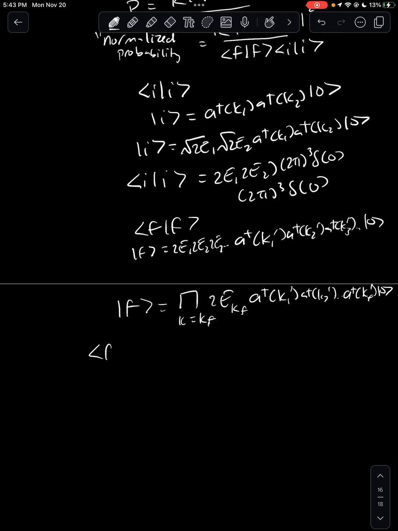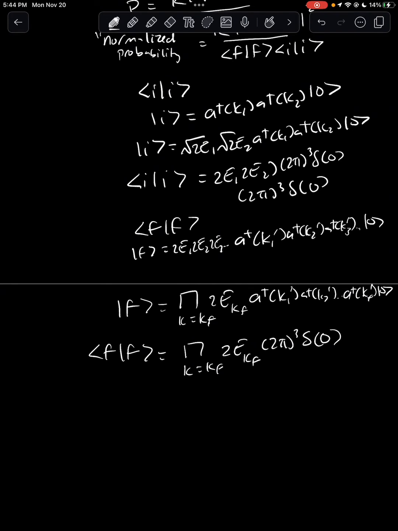Therefore, this inner product is going to be equal to this over here: 2E_kf, 2π cubed, and then delta of 0. So that's our inner product for the final state.